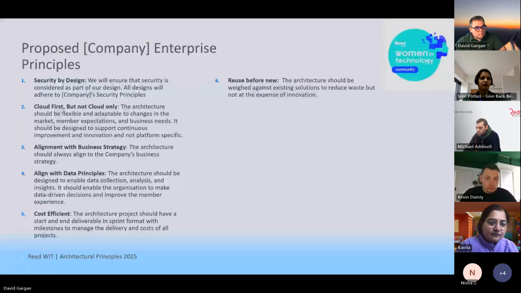And I think that helps a lot of architects, whether solution, data or technology architects, to understand the statement better, in my view.